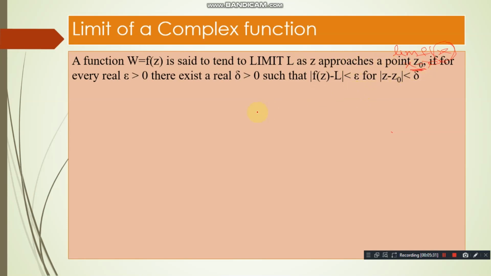It is nothing but any complex function is said to have a limit L as z tends to z0 if for every real epsilon greater than 0 there exists a real delta greater than 0 such that this inequality holds good when this inequality holds. But see how graphically you can define this.